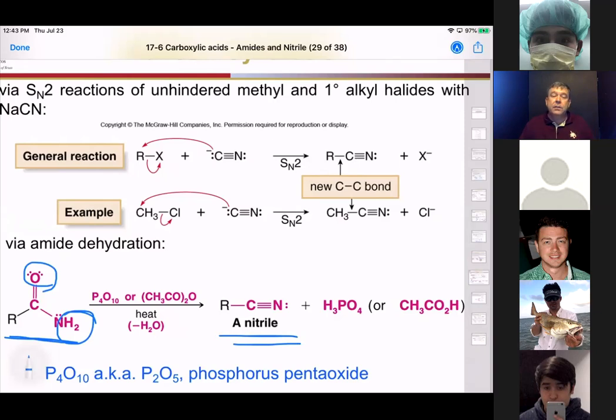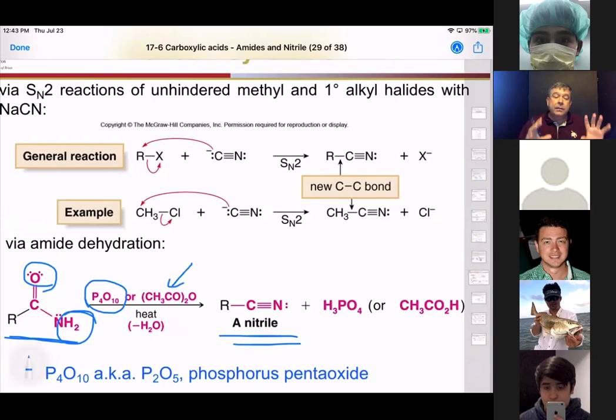You have to actually use this oxygen grabber right here. And in the case of that, we use a thing called phosphorus pentaoxide, or P4O10. Or we can actually use strong anhydrides like this acetic anhydride.